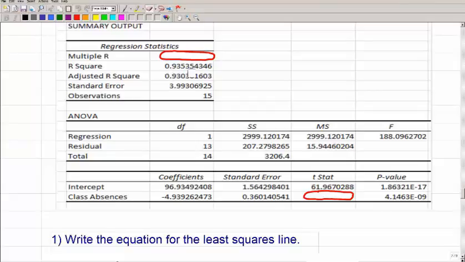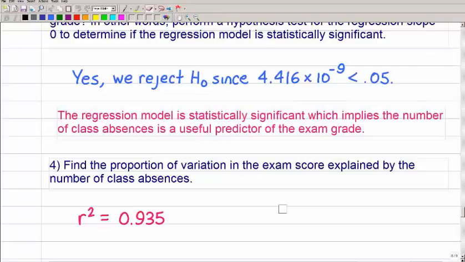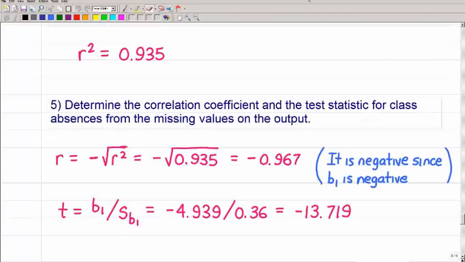As I mentioned earlier in the notes, the sign of the multiple R will match the sign of the slope coefficient down here in this bottom row. So this time our slope coefficient is negative, so our correlation coefficient will be negative. That's what dictates the value, and as I wrote right here, it is negative since B1 is negative. So it's the negative square root of 0.935, which will be negative 0.967.